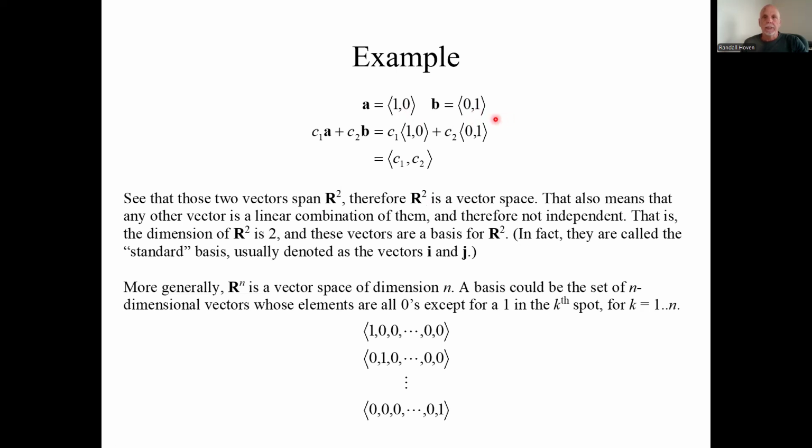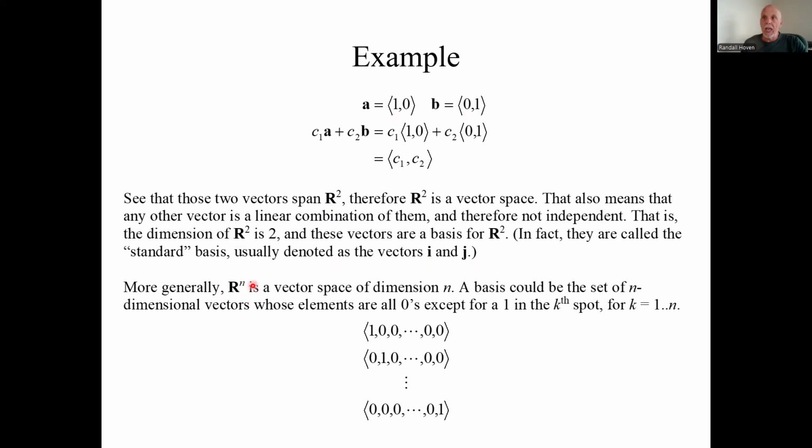And since we're only talking about two dimensions in the first place, you can't have more basis vectors than the dimension of your vector space. So they're linearly independent and they span the whole space. So the dimension of R2, the XY plane, is 2, and these are a set of basis vectors for it. In fact, they're called the standard basis. We'll probably see i and j.